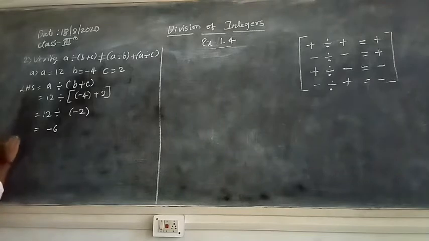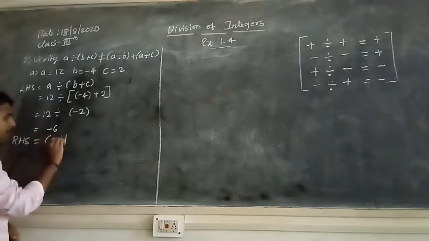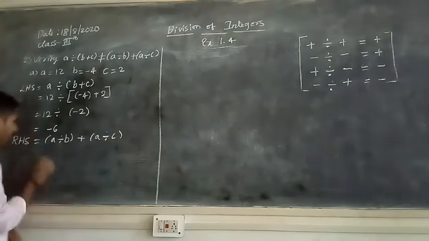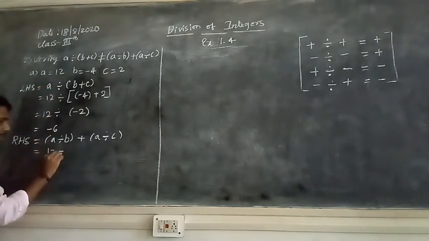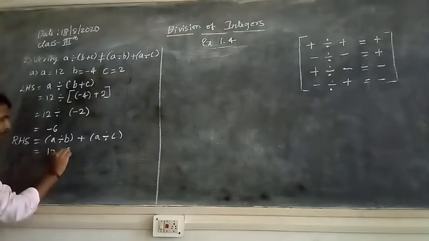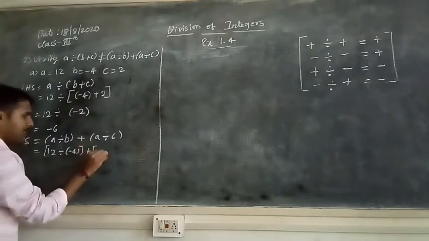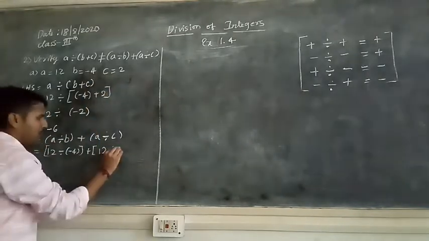And RHS. So solve RHS. RHS is a divided by b plus a divided by c. Put the values. A value is 12. 12 divided by b value, minus 4, no? Plus 12 divided by c value, 2.